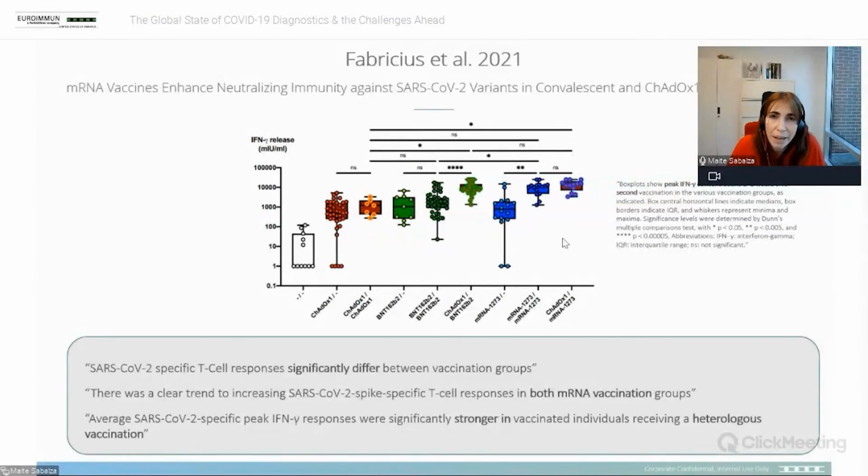But in general, the mRNA vaccines had a high level of interferon gamma release compared to the vector vaccine. And also what is interesting is that with a heterologous vaccine using AstraZeneca as the first dose and Pfizer as the second dose, the highest level of interferon gamma was achieved.